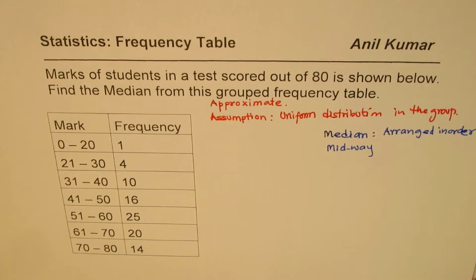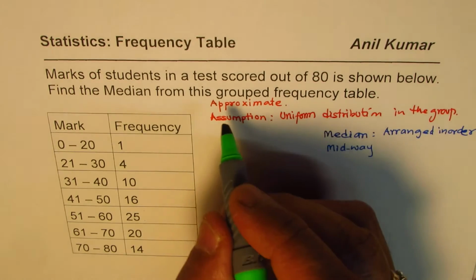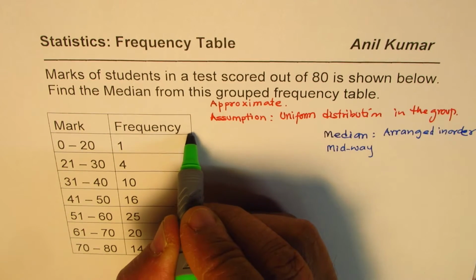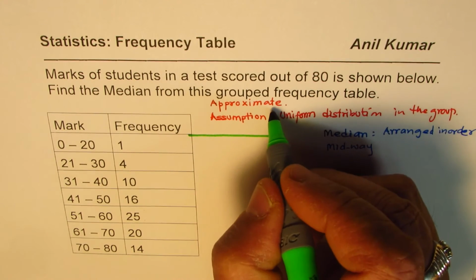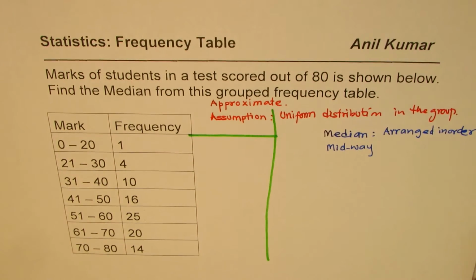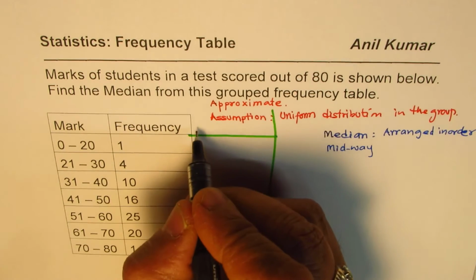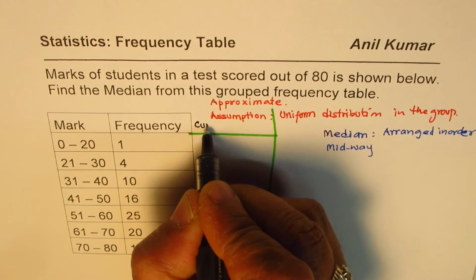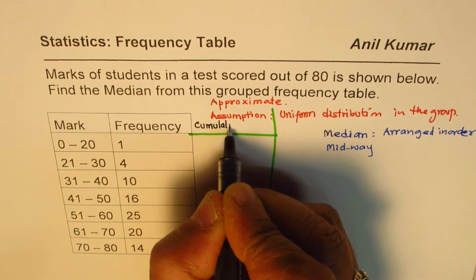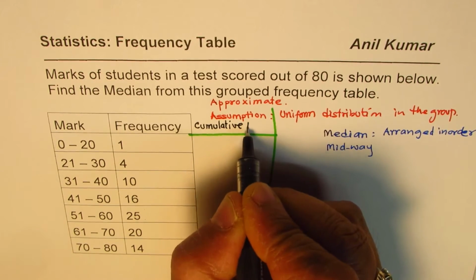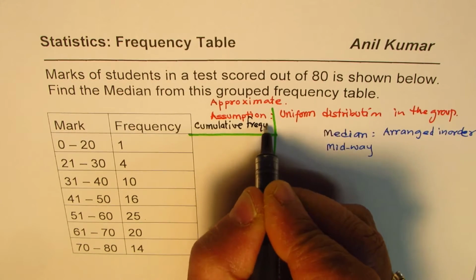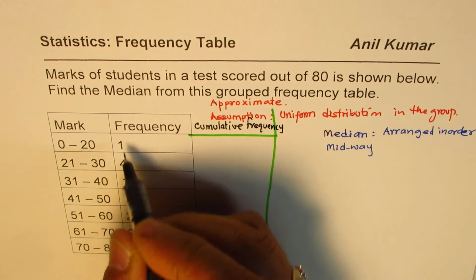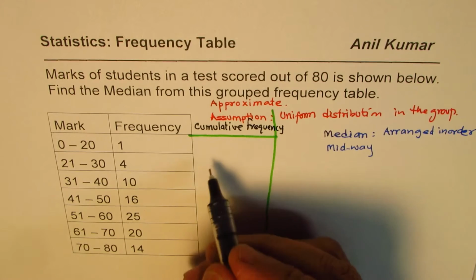We have another technique when using a frequency table. Let's find the cumulative frequency. So what we will do here is add one more column, cumulative frequency, where the sums of these frequencies will be written.